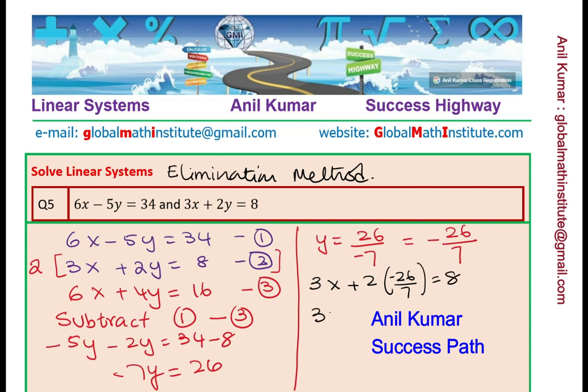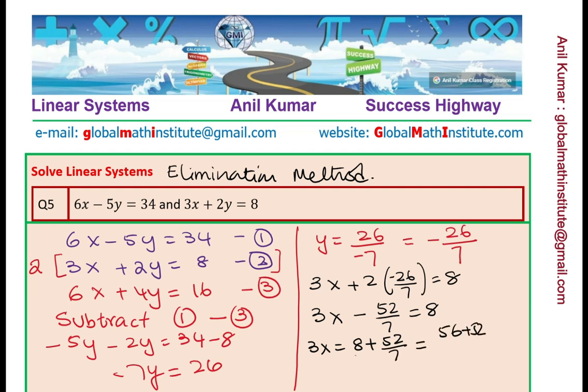So we get 3x minus 26 times 2 is 52 over 7 equals 8. And now we can solve this particular equation. We could do 3x equals 8 plus 52 over 7, which is 7 times 8 is 56 plus 52 over 7, right? And that gives you 108 over 7, correct?